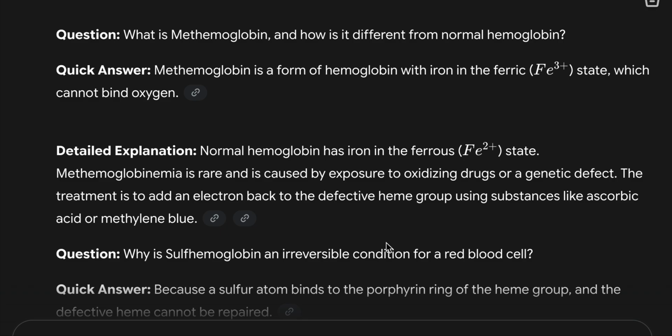Ferrous, Fe2 plus, ferric, Fe3 plus. How can we remember this?